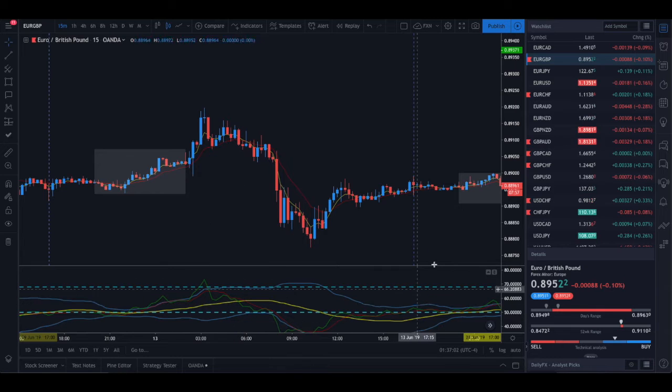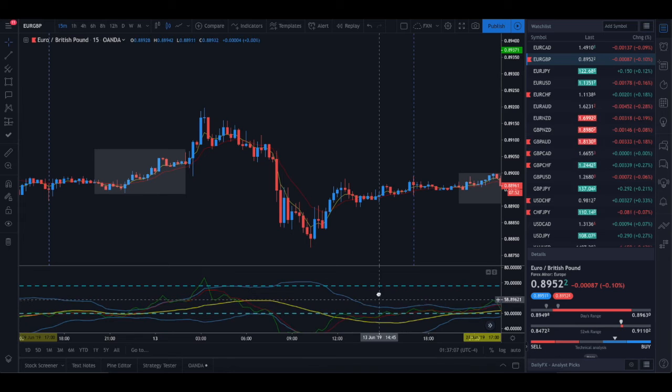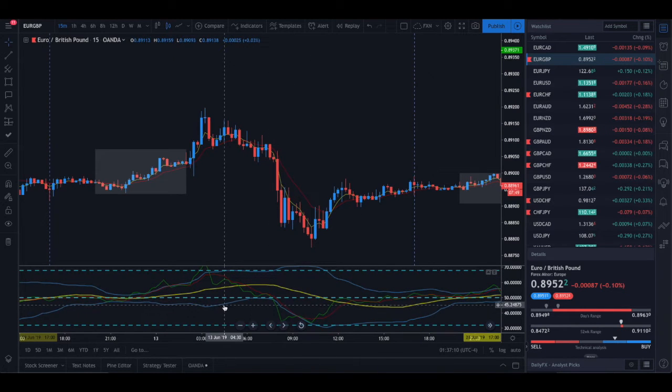One thing about the TDI that helps me is, you ever noticed when you get into a trade and price literally goes against you like this right here, like it did here, right? And you're sometimes thinking, man, I got into a bad trade, and sometimes you freak out over it. Well, if you look at the TDI and the current price, as long as the current price is staying below the red signal line, you're good.